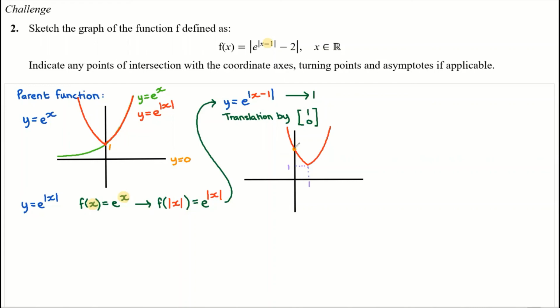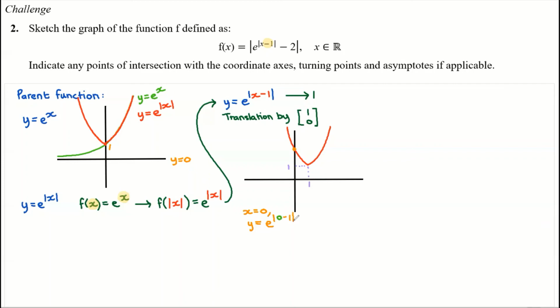So we just have to sub in x equals 0. So when x equals 0, what happens here? Well, we get y is going to equal e to the power, and it's all going to be modulus, of course, so the modulus of 0 subtract 1.